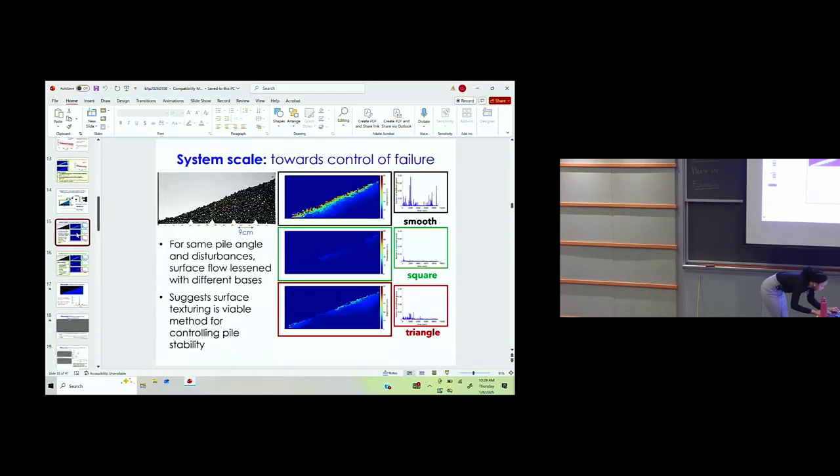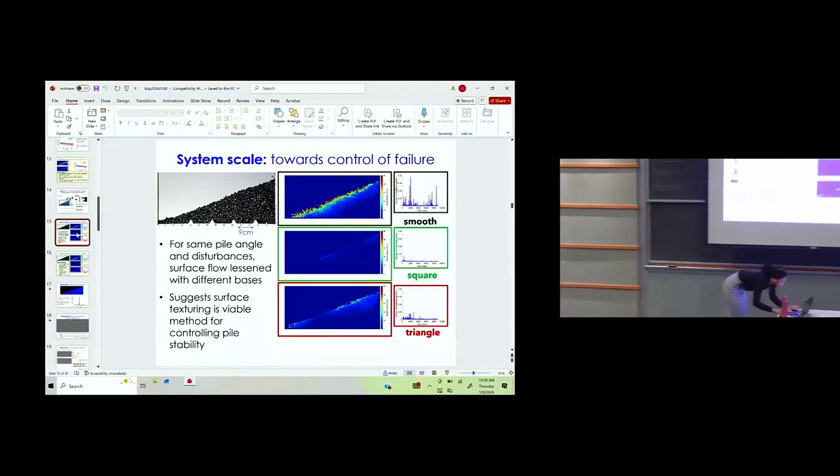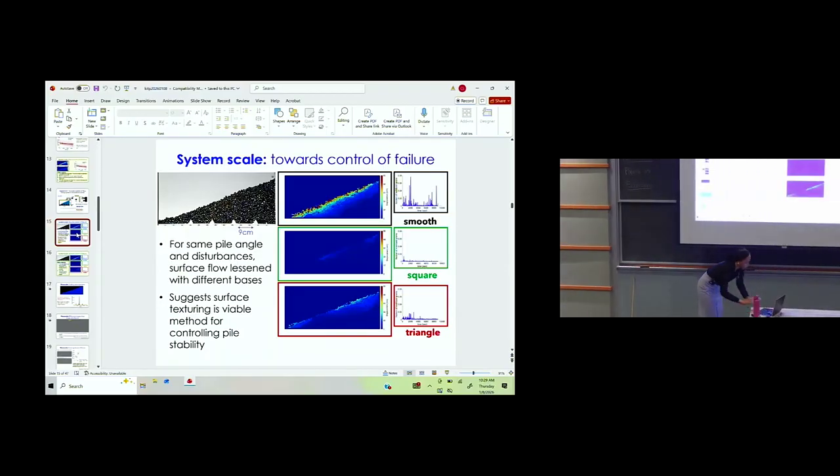Here we go. Yeah, so there are a couple of little peaks where the disturbance is for the triangles, and I'm just wondering if you've done studies yet, or intend to look at those correlations where you get more avalanches relative to the triangle. And then, of course, the question is really interesting about whether it's related to force chains or local packing.